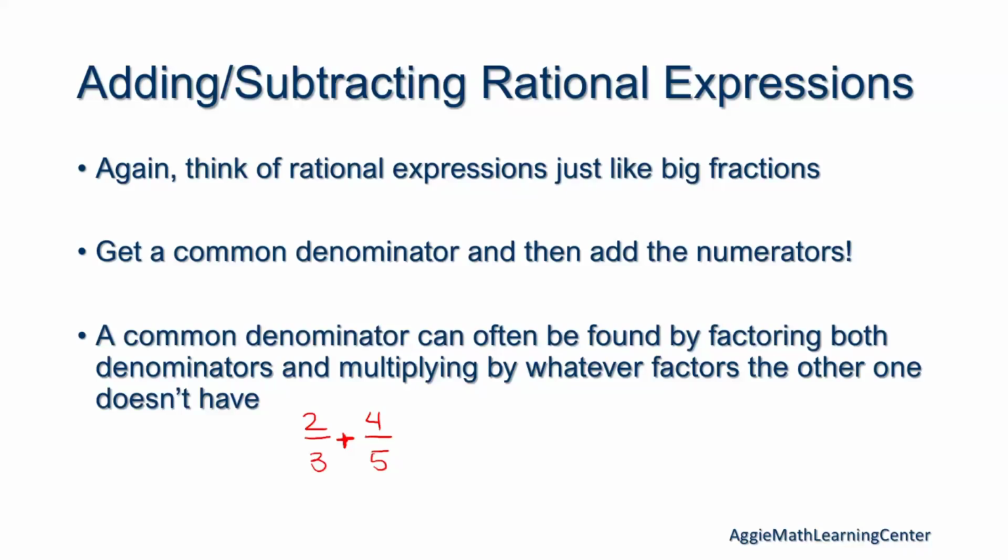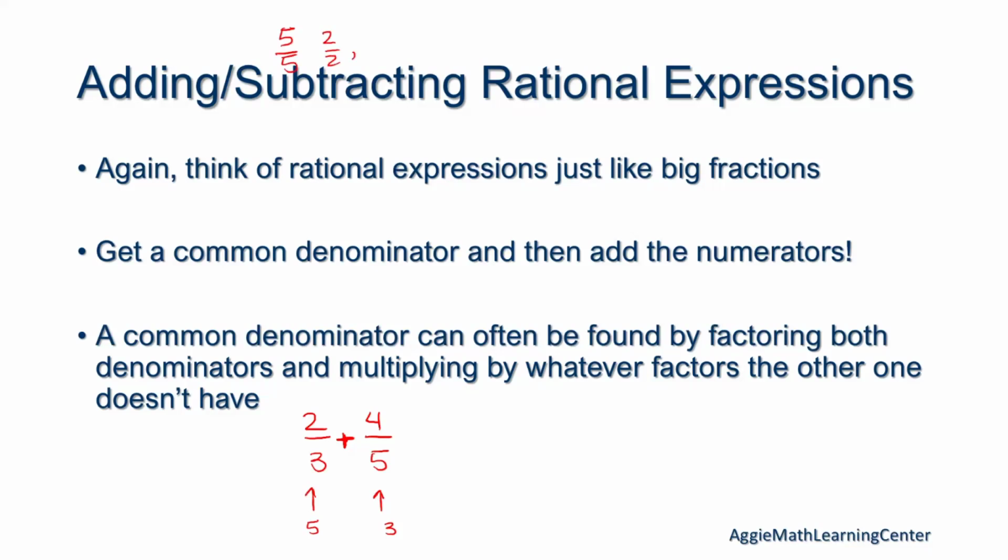So I could multiply this side by 3 and multiply this side by 5. In order to keep it the same, I need to multiply by 5 over 5, because 5 over 5 or 2 over 2 or anything over the same thing is just equal to 1.